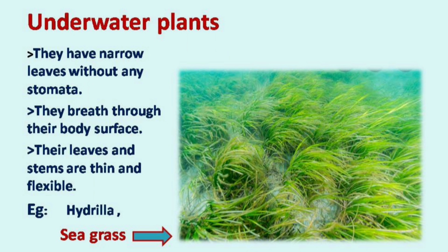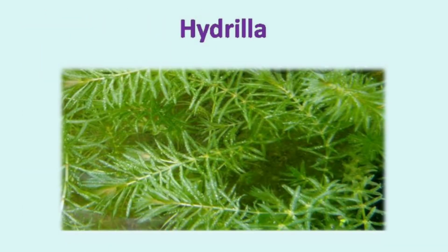Underwater plants. They have narrow leaves without any stomata. They breathe through their body surface. The leaves and stems are thin and flexible. Example: Hydrilla and seagrass.